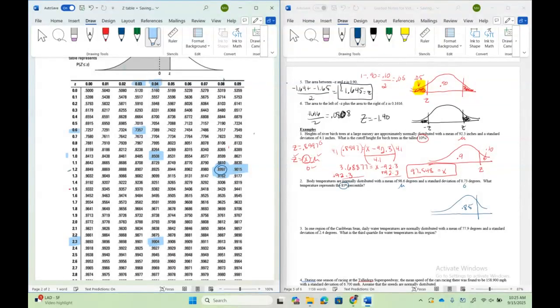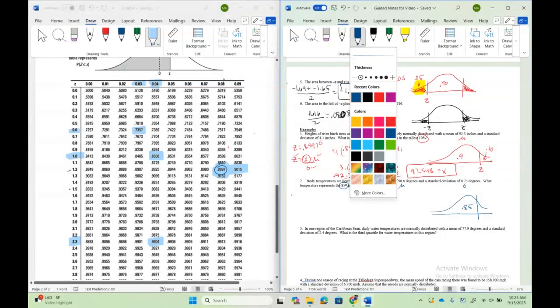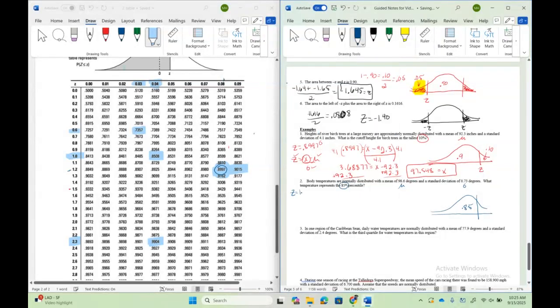So this z-score is 1.04. So z equals 1.04, and I'm going to use that formula again to solve for an x value.